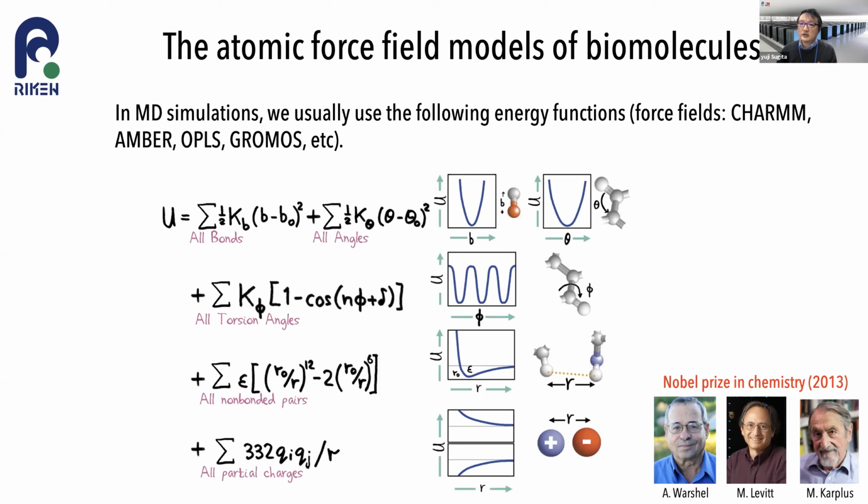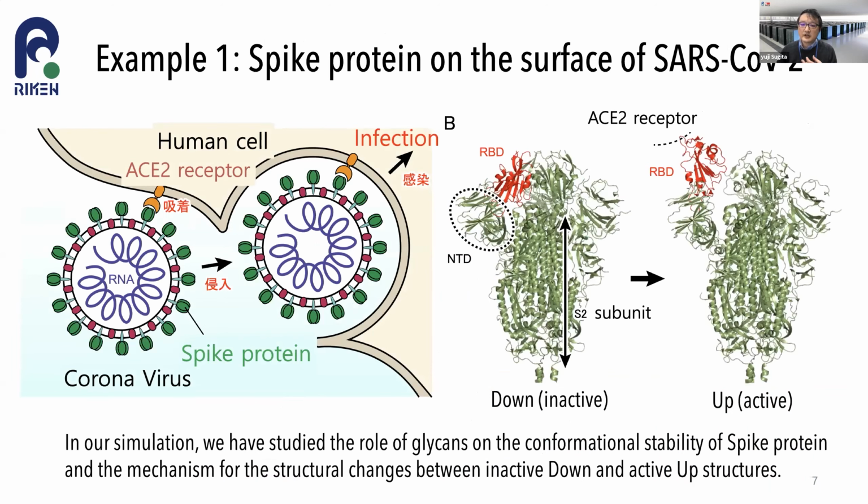I'd like to show two examples which are related to our work. The first one is a recent hot topic in biology, SARS-CoV-2. In particular, I'd like to focus on the spike protein on the surface of the SARS-CoV-2 virus.